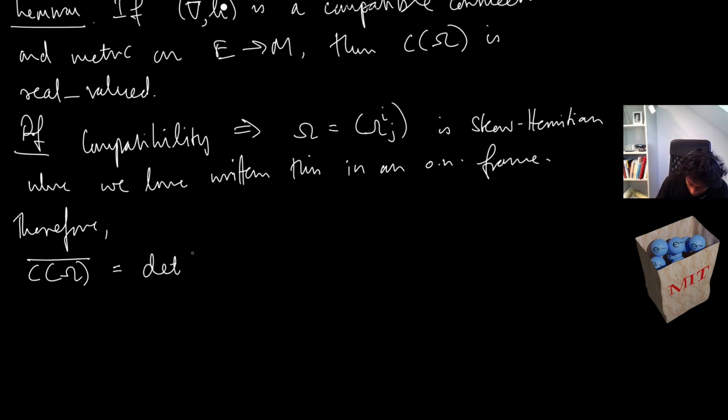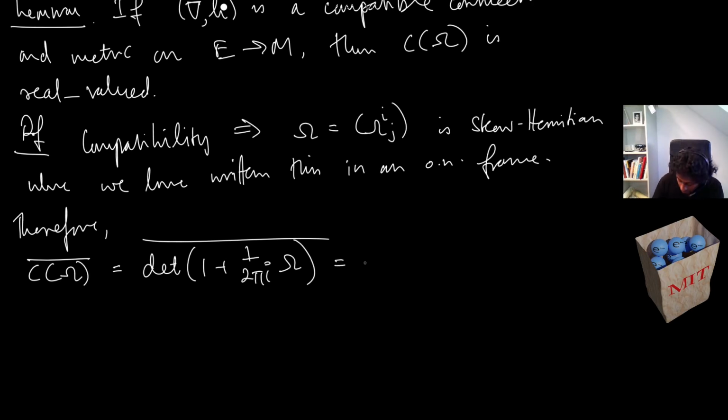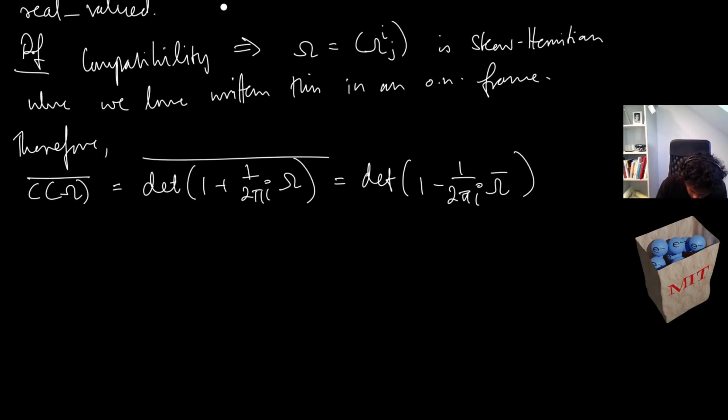So we have 1 plus 1 on 2 pi i omega. And so what happens now, this we absorb into the determinant. So this is going to be 1 minus 1 on 2 pi i, the conjugation of the omega. Now the determinant preserves the transpose, so let's put a transpose in there.